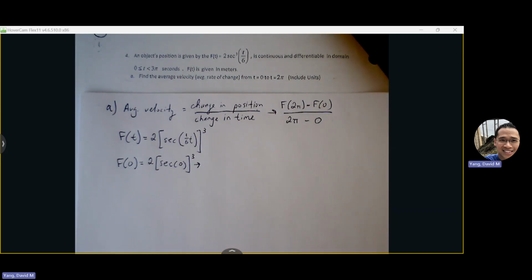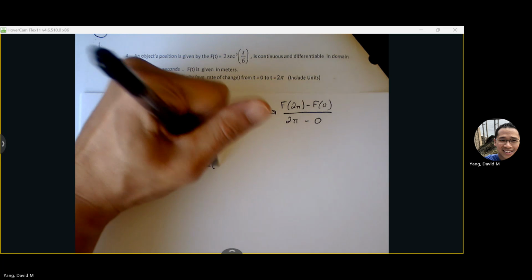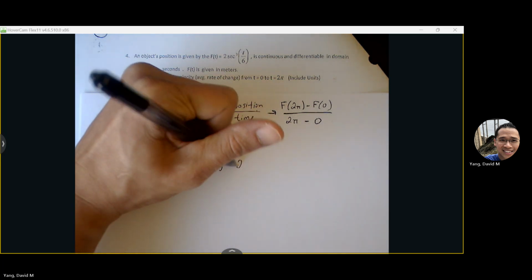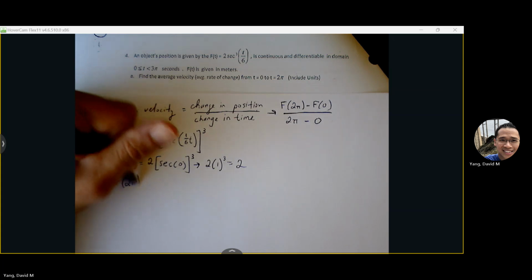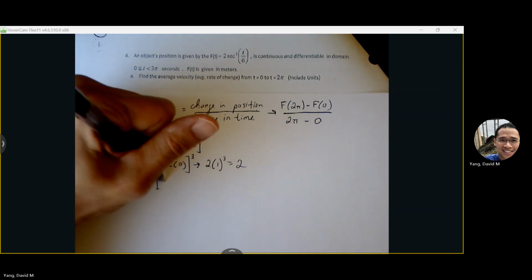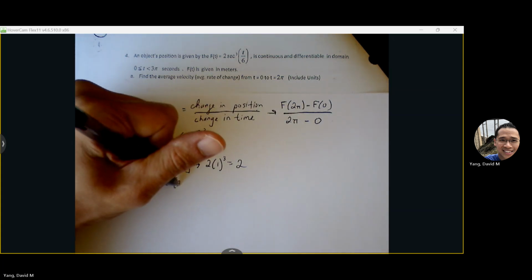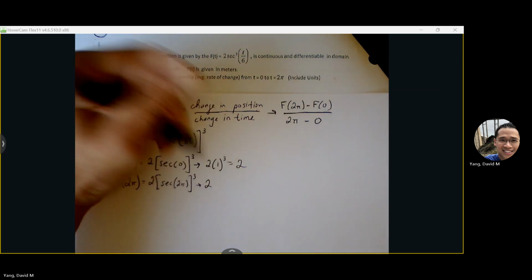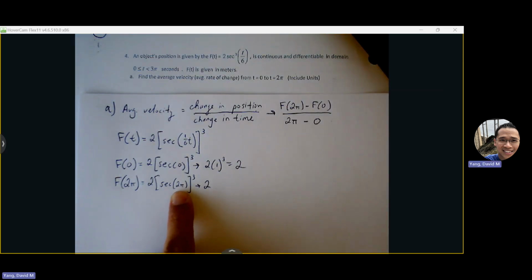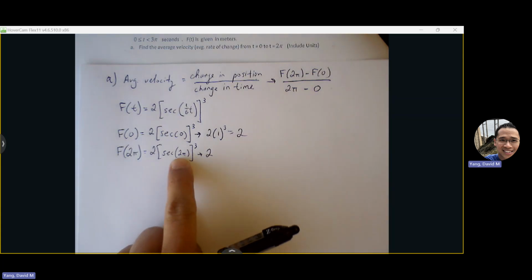All right, secant of 0, same thing as 1 over cosine of 0. We know cosine of 0 is 1, so 1 over 1 is still 1. Secant of 2 pi is related to cosine of 2 pi. Cosine of 2 pi is also 1. Flip that 1, we still get 1.